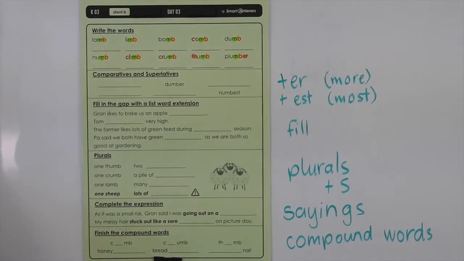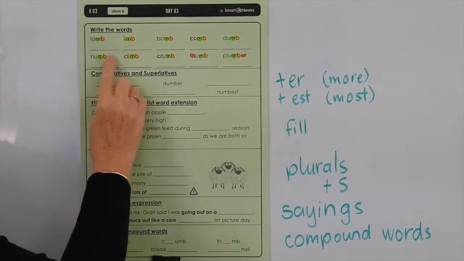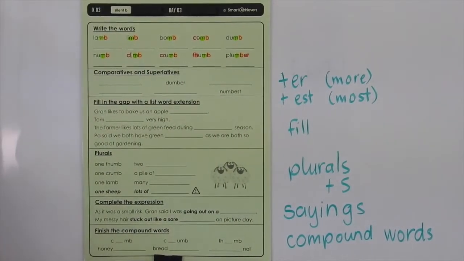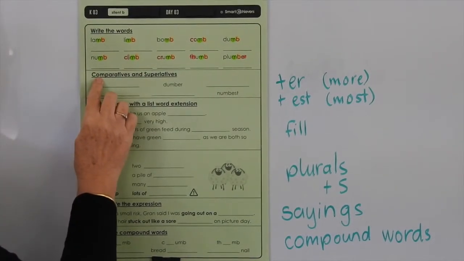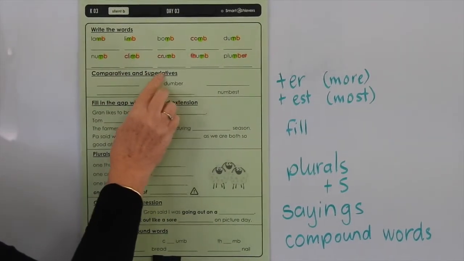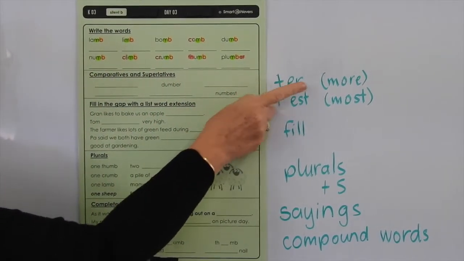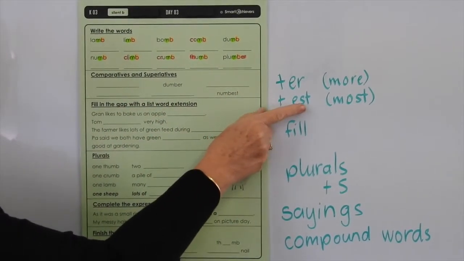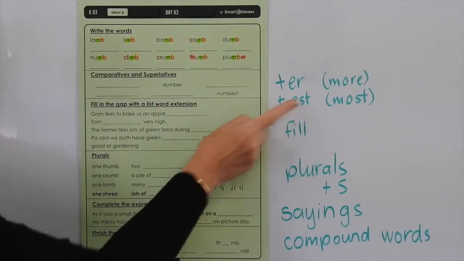Okay, so our words lamb, limb, bomb, comb, dumb, numb, climb, crumb, thumb, plumber all have the silent B in them. So if we look at making them into comparatives and superlatives, when we compare two things, we add ER to indicate which one means more, and we add EST to indicate a superlative, which means the most of something.